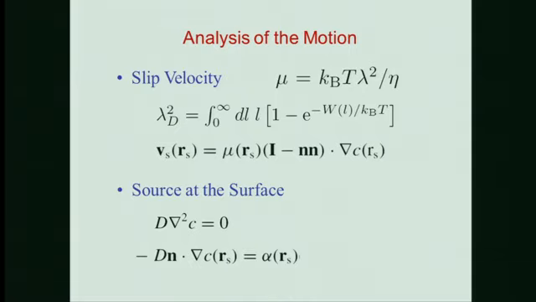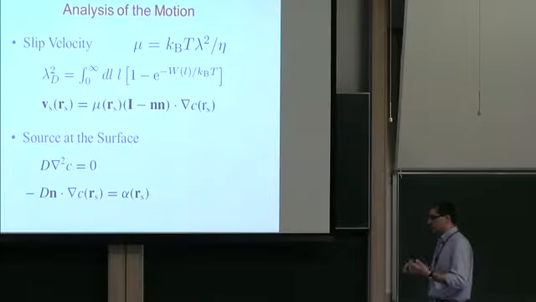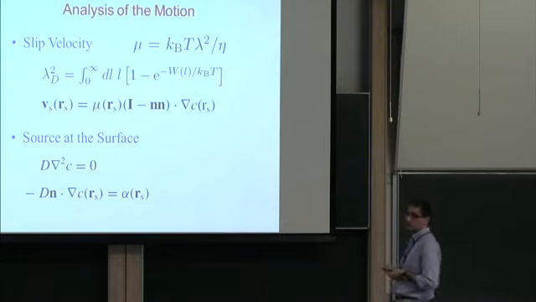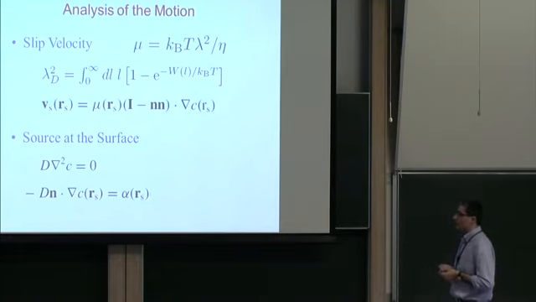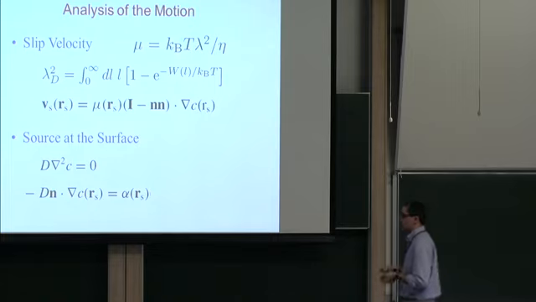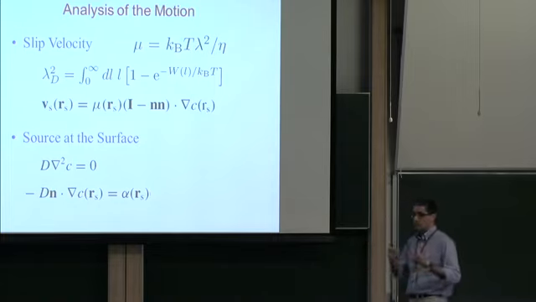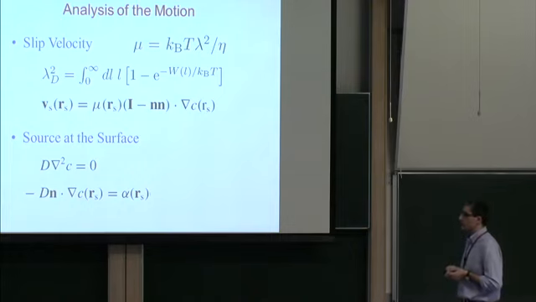Then you couple that to the reaction diffusion of the surfactants, the solute molecules in the bulk, with the right boundary condition on the surface of the colloid. What you see here, this parameter alpha, is what I call the activity. That's essentially the rate of introduction of excess solute molecules in the solution if it is acting as a source, or removing molecules if it is acting as a sink.